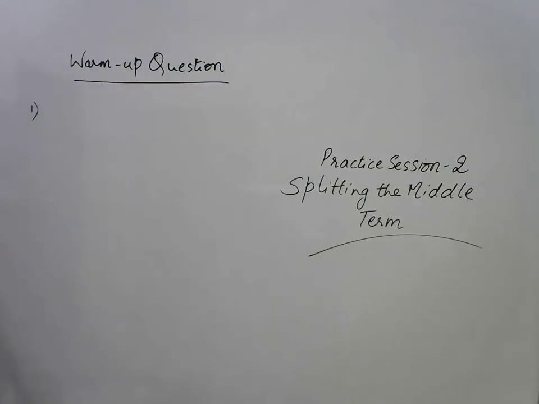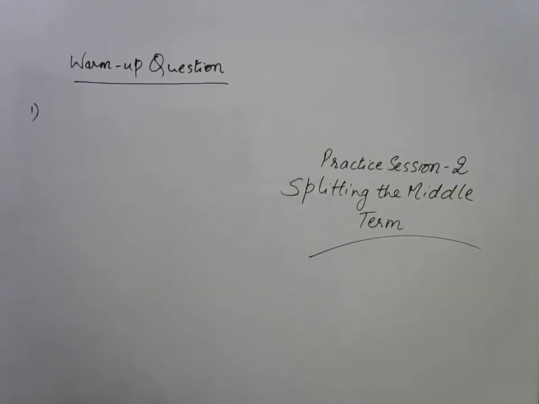Okay, this is question 1. Please post your replies in the form of the factors, preceded by the two numbers into which you will be breaking the middle term. So let's see the first one.